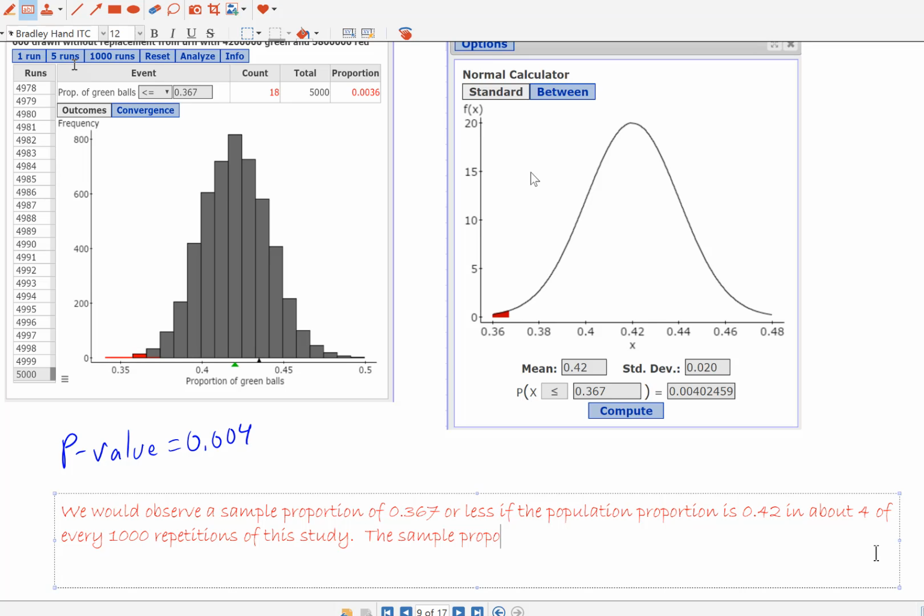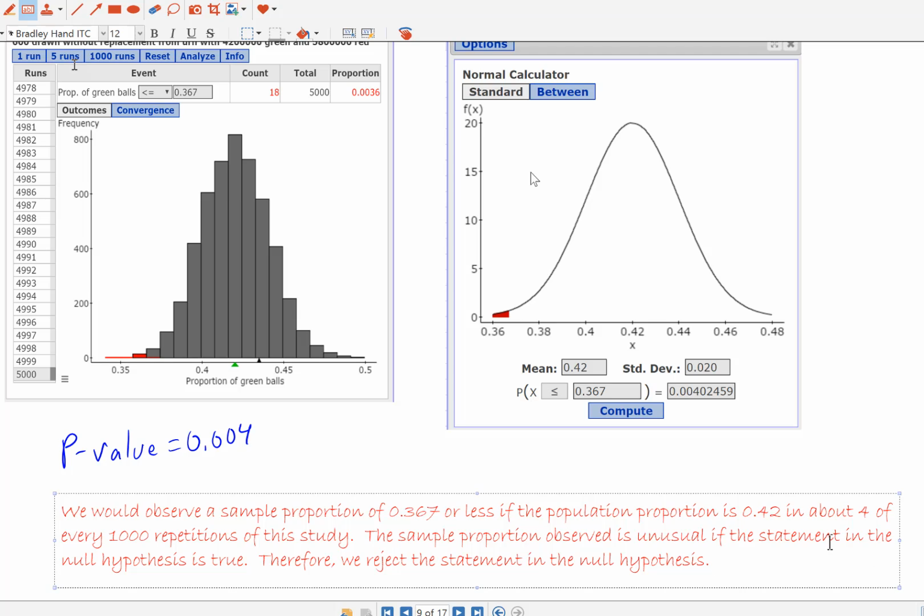The sample proportion we observed is unusual if the statement in the null hypothesis is true. Therefore, we reject the statement in the null hypothesis.